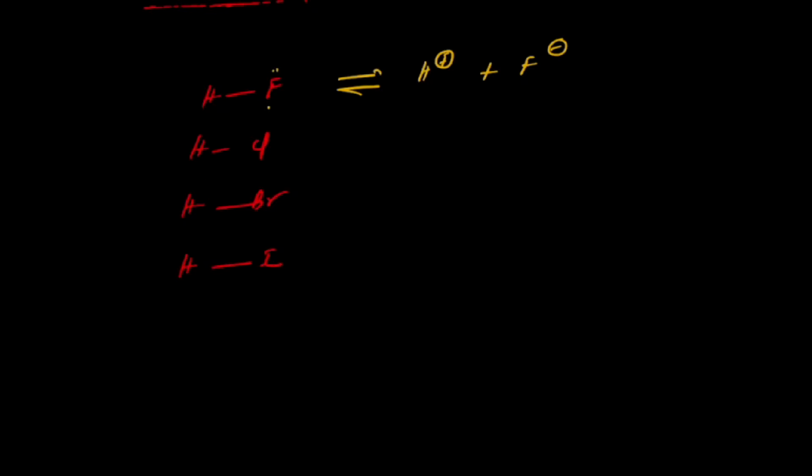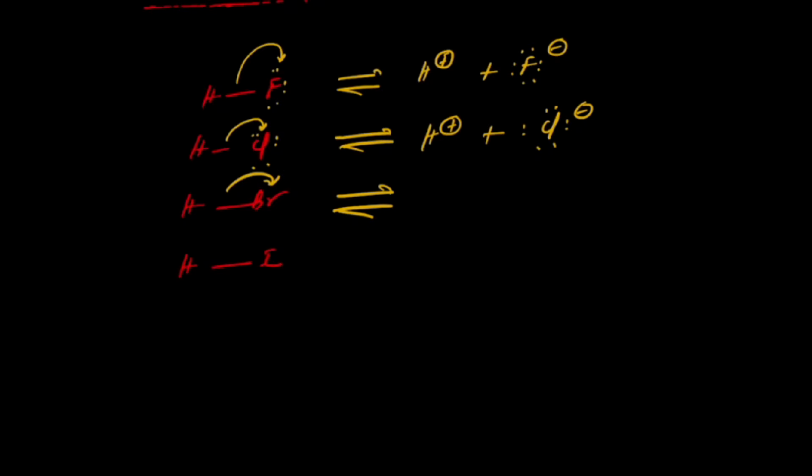Here we had 3 lone pairs, here we have 4 lone pairs. So what is happening here? This is taking away the bond pair as a lone pair. Here we had 1, 2, 3, 4, 5, 6, and this will be in equilibrium with H plus Cl minus.